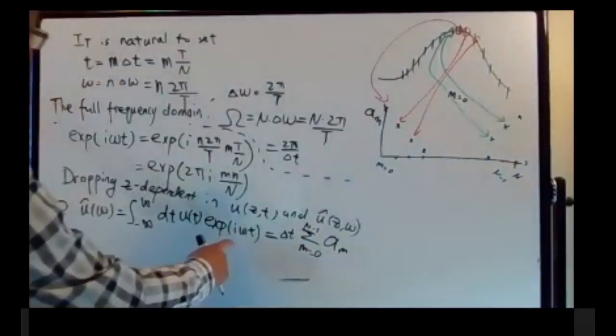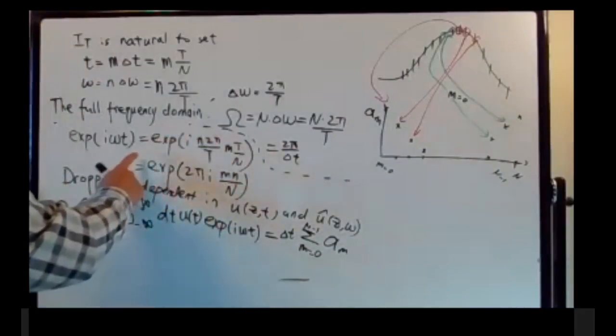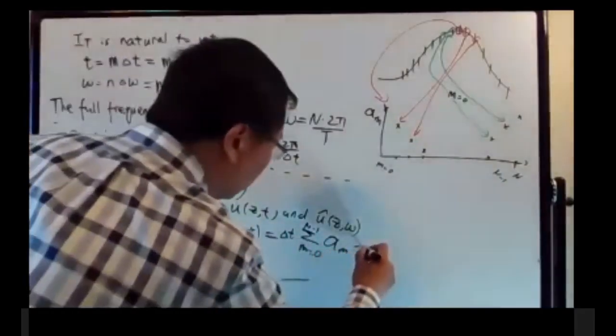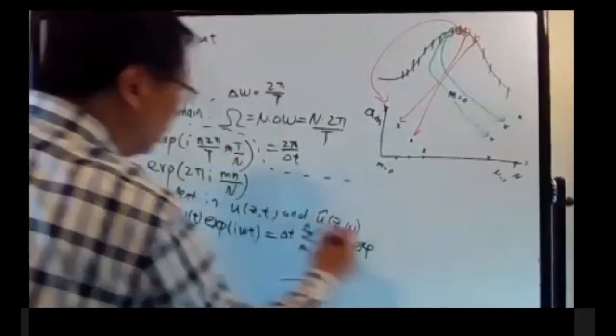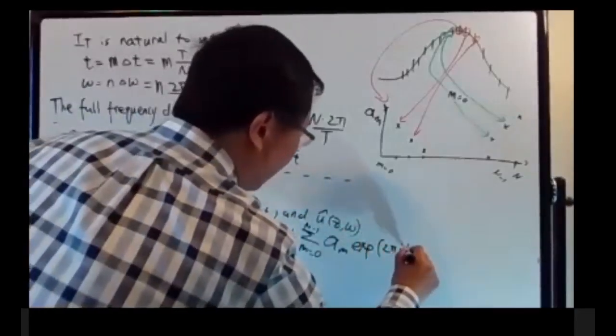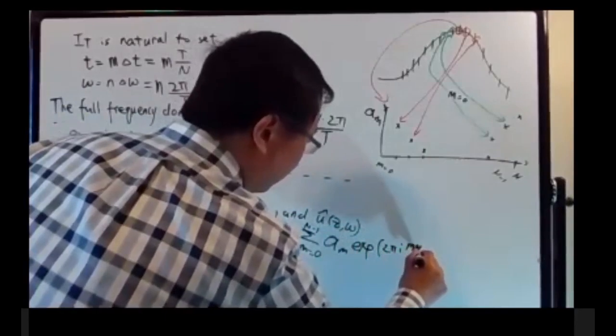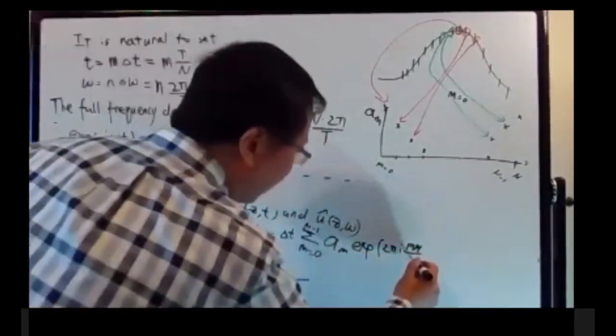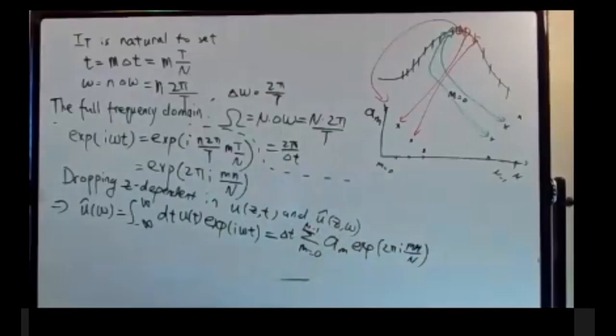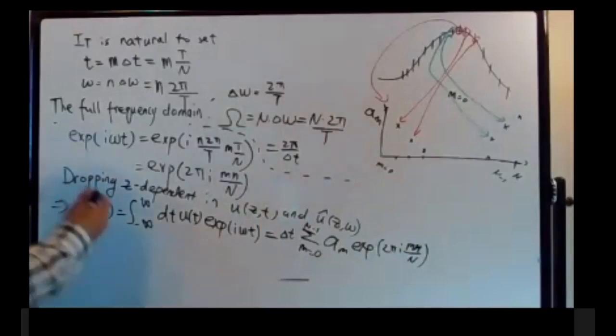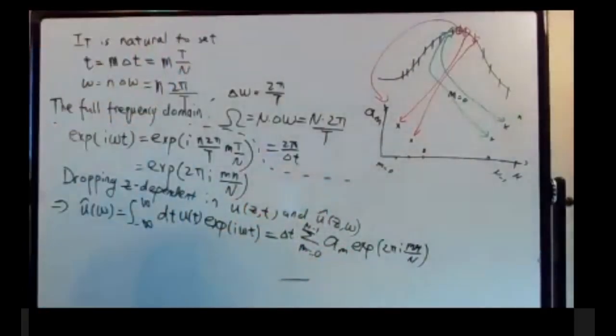What is exponential iωt? It is the exponential of 2πi m n divided by capital N. So this is the writing of û(ω) in discretized form.